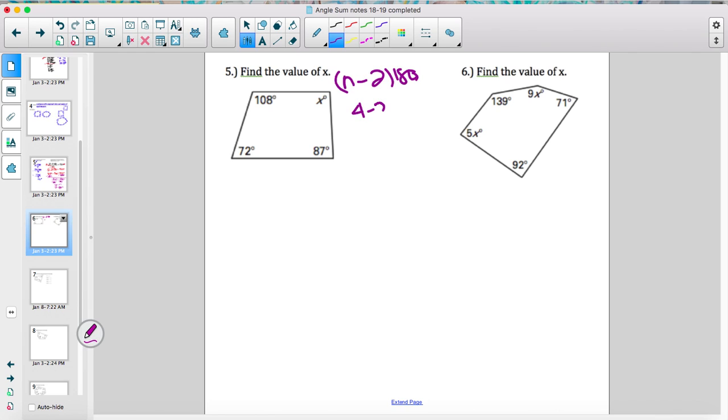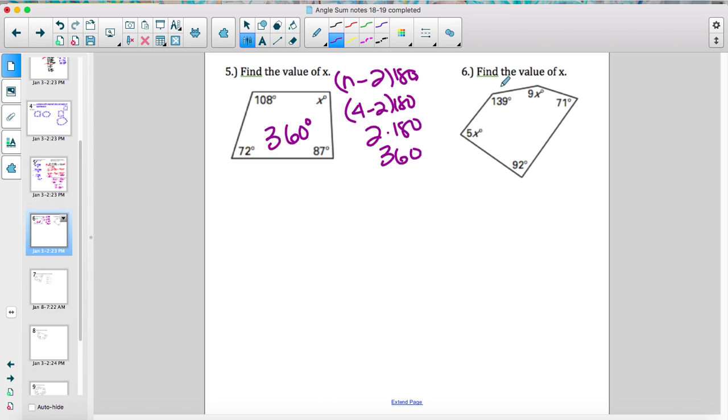So 4 minus 2 times 180 will remind us here that a quadrilateral, all 4-sided polygons, have an interior angle sum of 360 degrees. So you can take all of these angles off of 360. And that would be a pretty simple task because there's only just a 1x sitting here.